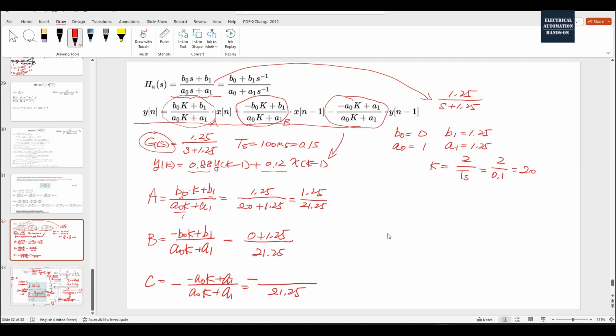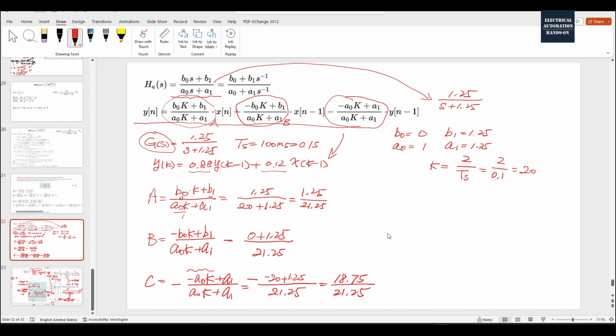Then this is equal to minus 20 plus A1. A1 is 1.25. So this result is equal to 18.75 over 21.25.